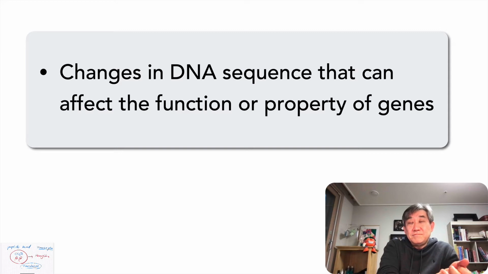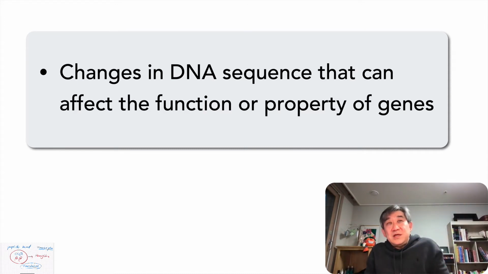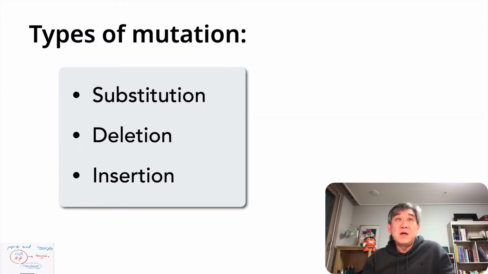And then also mutation in a more narrow aspect: the DNA sequence change can occur everywhere. However, in particular, what we are interested in is any DNA sequence change that has some kind of consequence in the property of a gene, which is something you pay serious attention to.